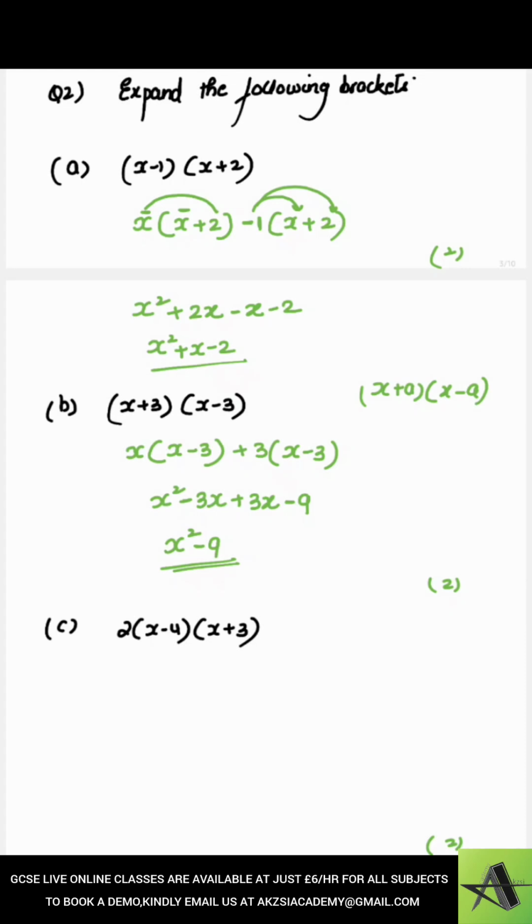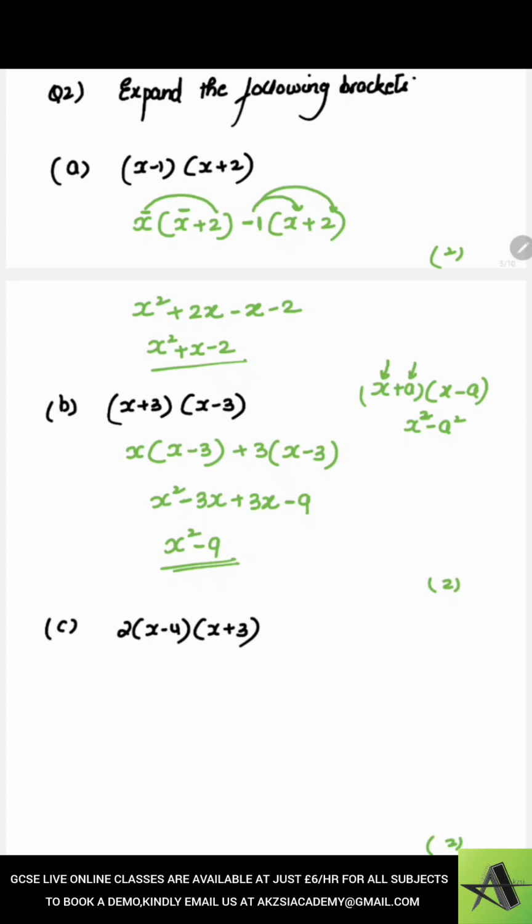That means in the first case it's a plus and in the second case it's a minus. Always it has to be plus and minus. Your answer would be directly x squared minus a squared. That's it: the square of the first term minus the square of the second term.